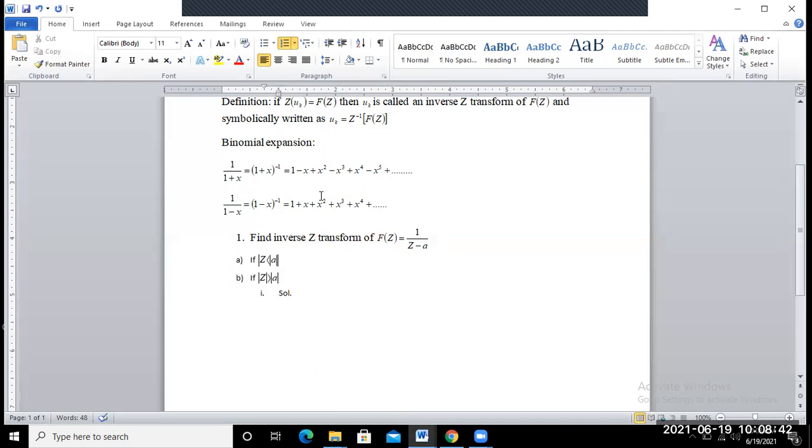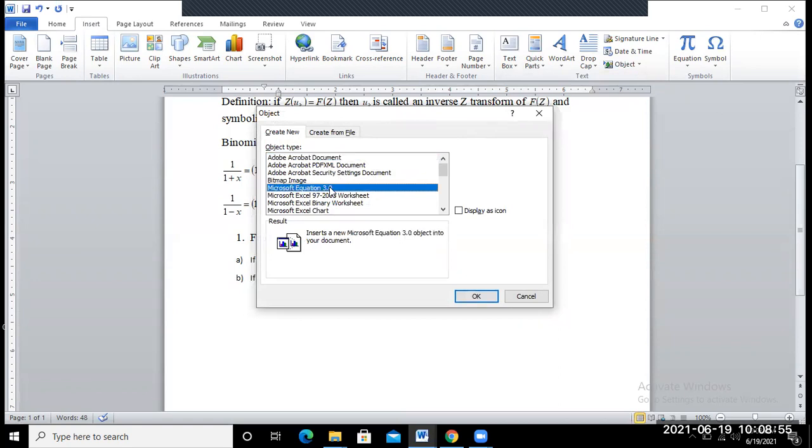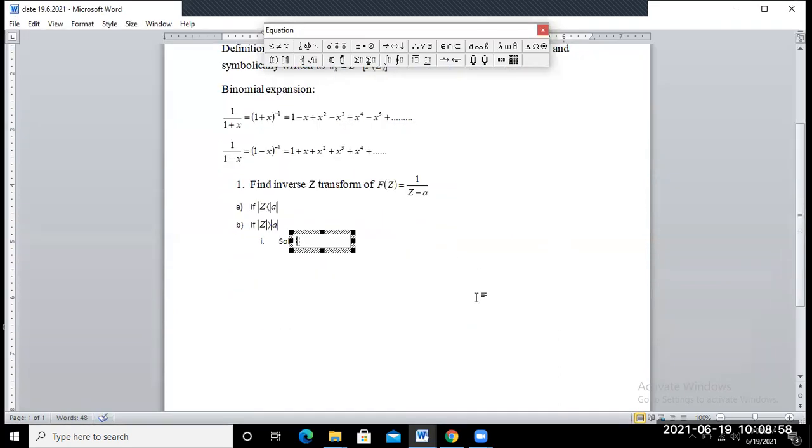So Z of uk equal to the summation of either k equal to minus infinity to infinity, or maybe take it in one direction, that means k equal to 0 to infinity, of uk z to the power minus k. Is it not?